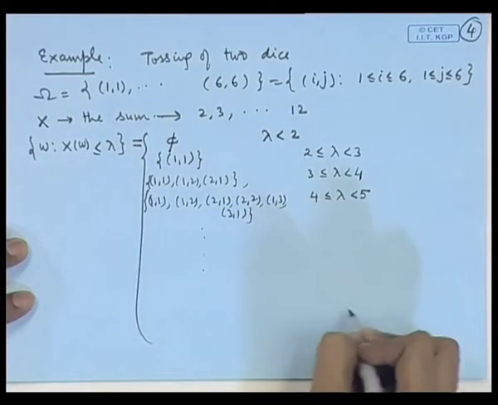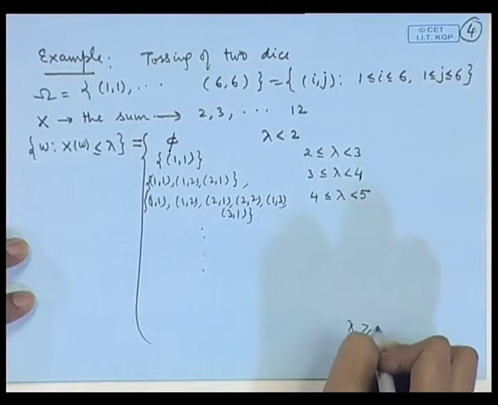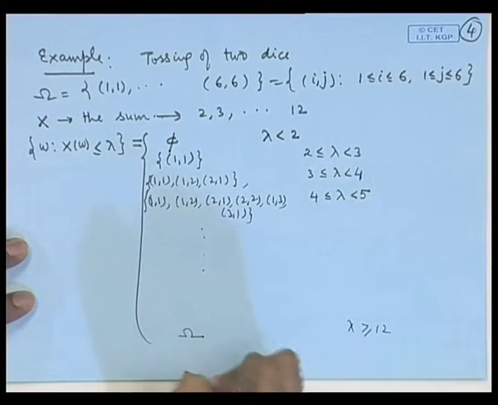Like that, if lambda is greater than or equal to 12, then this will be full omega.